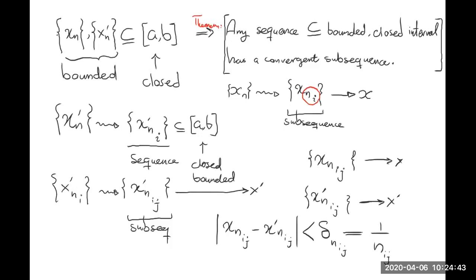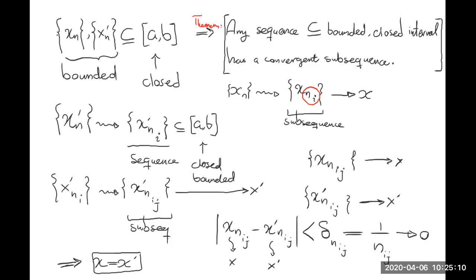And when n goes to infinity, this thing goes to 0. On the other hand, this is converging to x, the other one is converging to x prime. Therefore, the difference between x and x prime is going to 0, which means x is equal to x prime. Right? So x is equal to x prime.